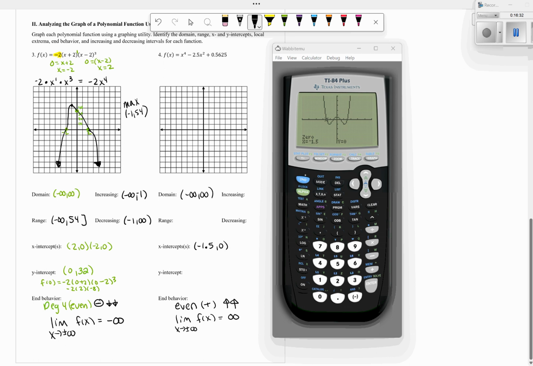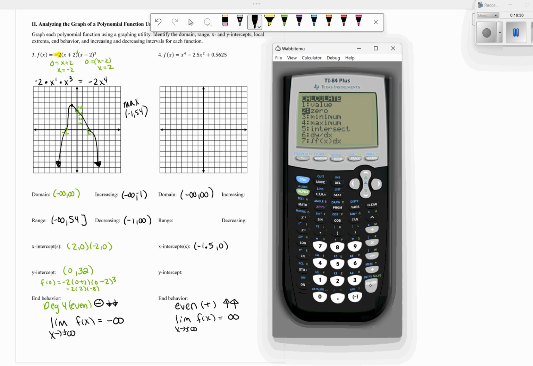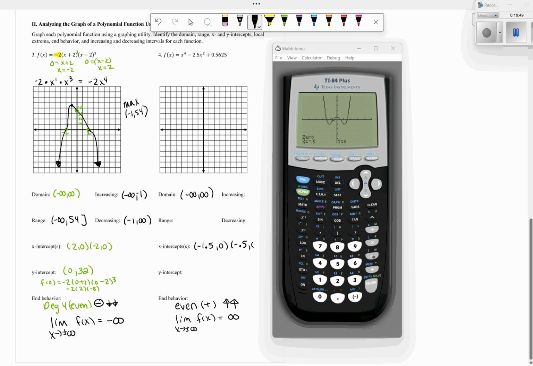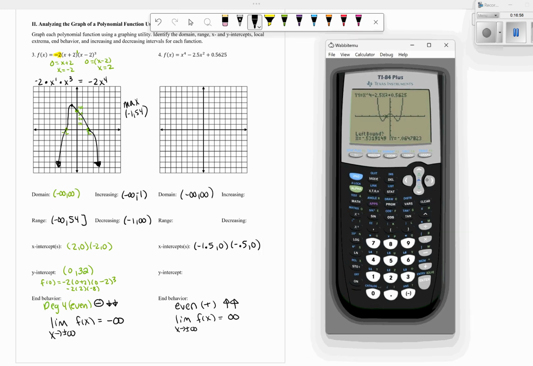Then we're going to do this 3 more times. So second trace zero. So left bound would be again below the x-axis now, right bound would now be above, enter, and enter for guess. The next one is at -0.5 comma 0. So second trace zero, we're going to do this again and scroll over.